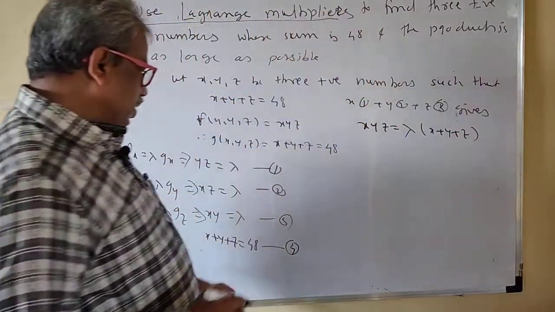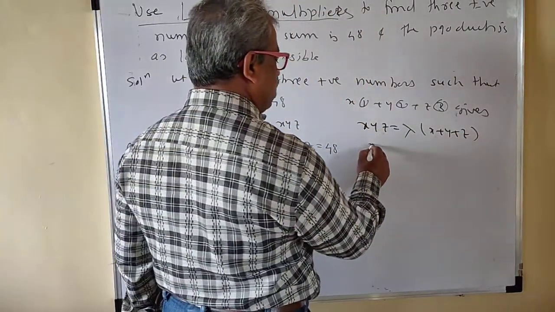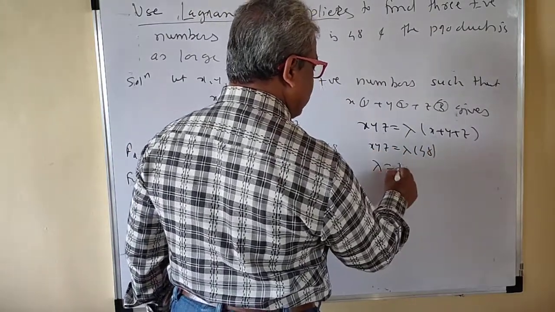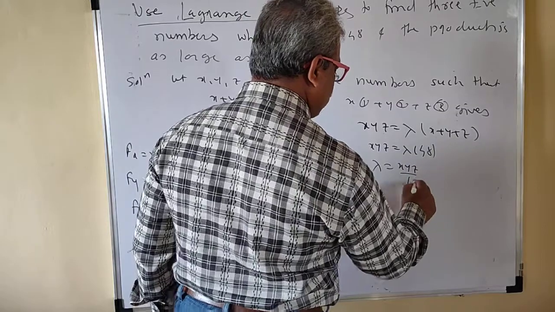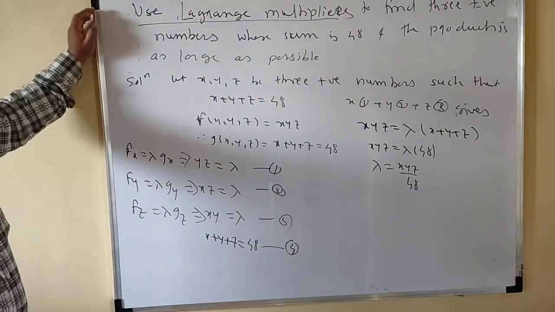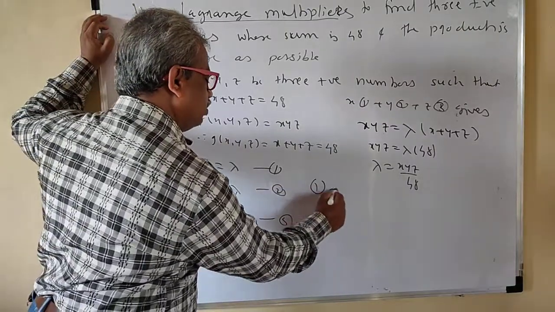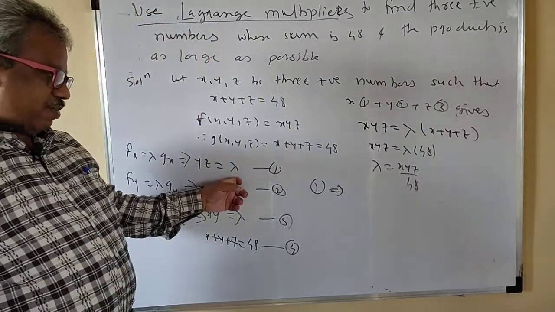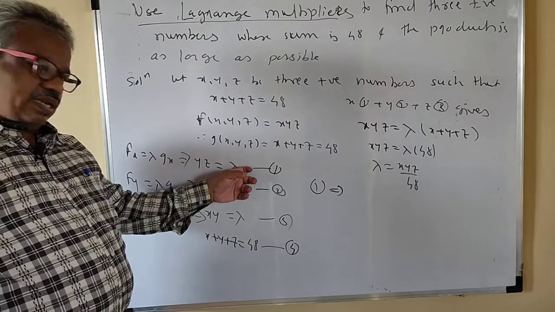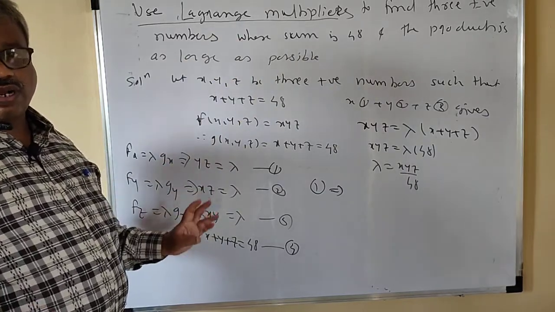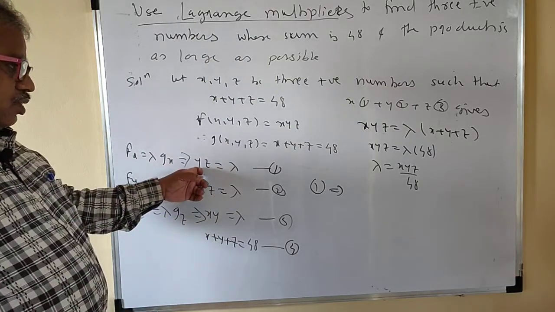But x plus y plus z is 48. So xyz is equal to lambda into 48, so lambda is equal to xyz upon 48. Now I put lambda equal to xyz upon 48 in 1. So yz gets cancelled because x, y, z are positive numbers, they are not equal to 0. So yz gets cancelled. So this is what then.